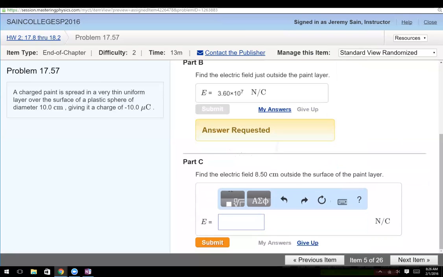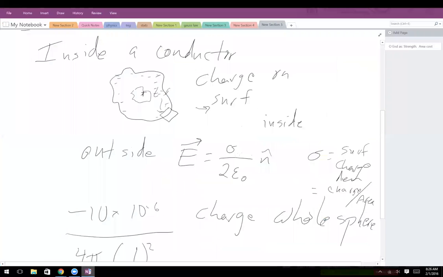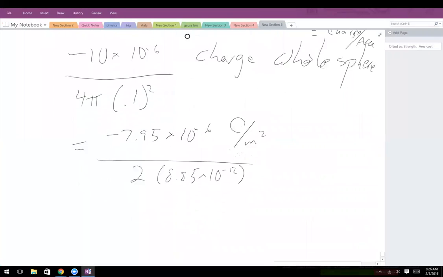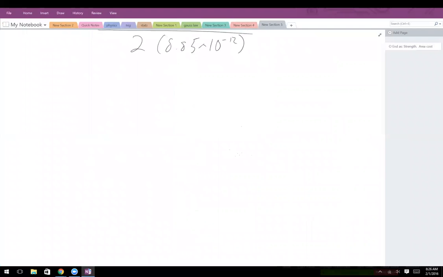Let's go ahead and do part C and then come back and think about it. So for part C, basically when you get outside the sphere, it's just going to be like a point charge, which is how I tried to do part B the second time, because it should be the same thing.